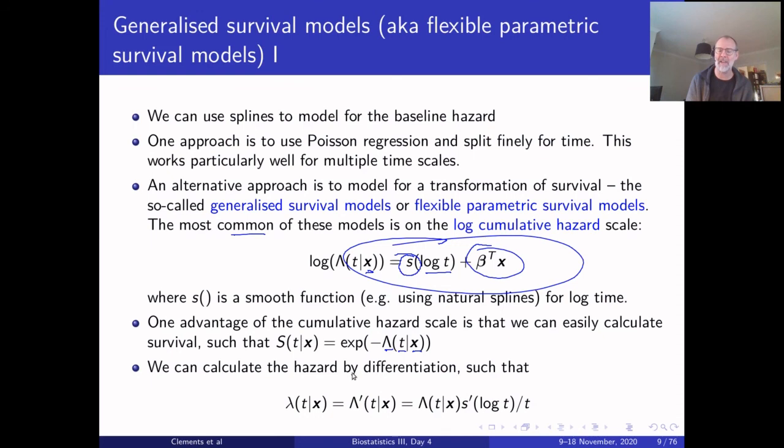We can also calculate the hazard by differentiation, so that the hazard is the derivative of the cumulative hazard, which, if we do some math, is equal to the cumulative hazard times the derivative of the smoother divided by t, which is not so important.